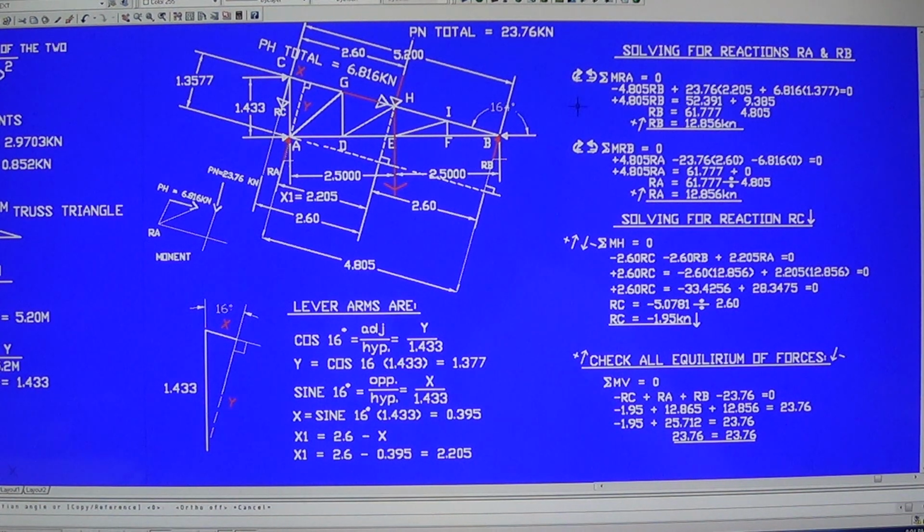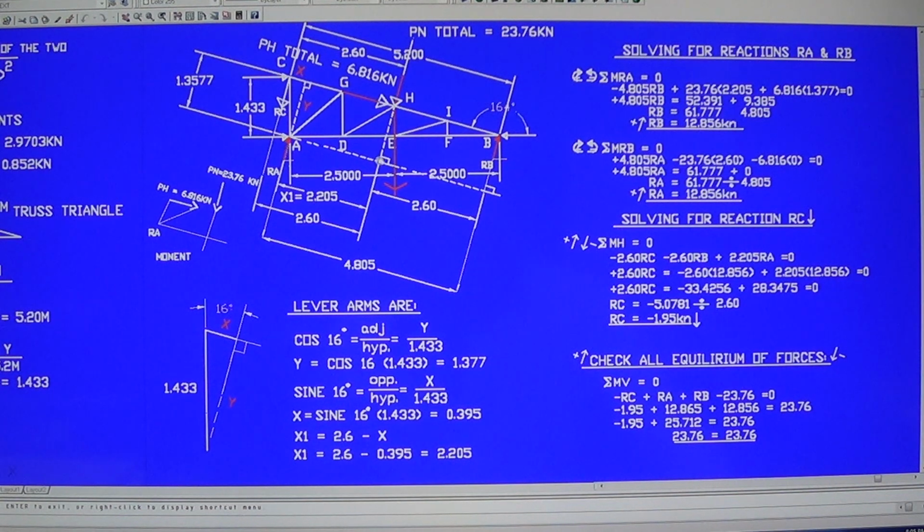So here we go. Summation of moment at A is equal to 0. RB is rotating counterclockwise, so minus 4.805 RB, where the lever arm for RB is 2.6 plus 2.205, which becomes 4.805. RB is negative, and the PN is positive, clockwise rotation, multiplied by the lever arm, 2.205.